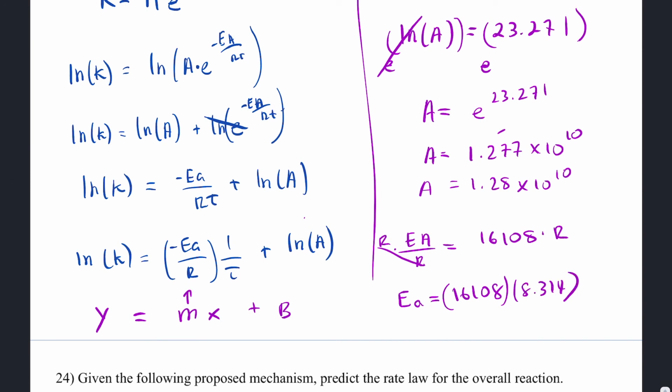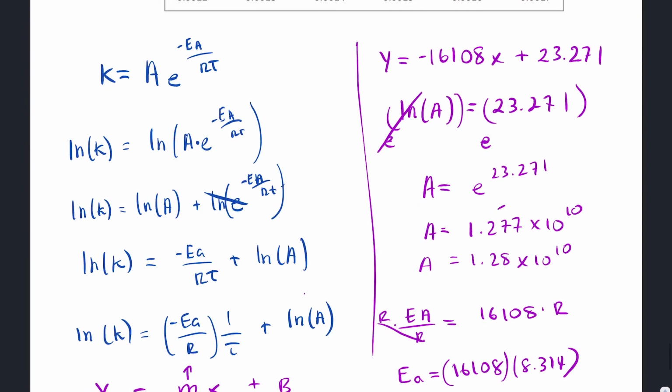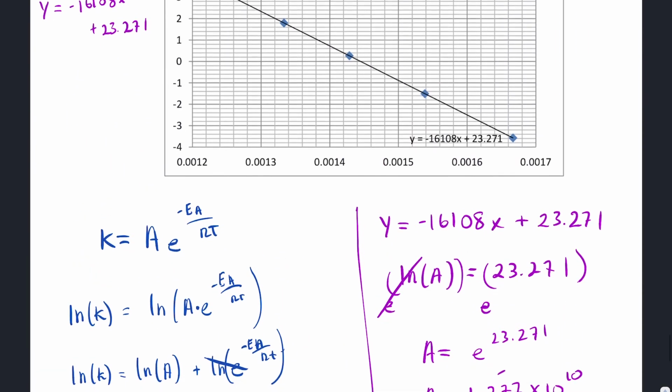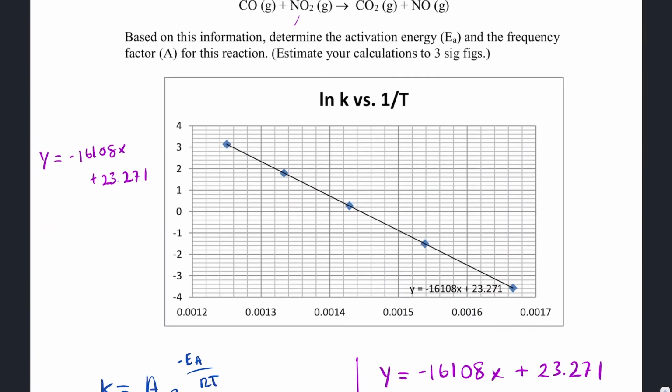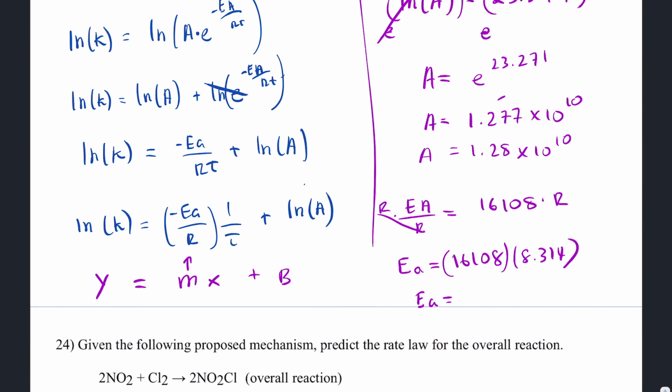And we are done. We just have to plug this value in. So it's going to be 16108 multiplied by 8.314. The answer we get is EA. Remember, normally this is in joules, but let's put this into kilojoules so it's a little bit smaller.